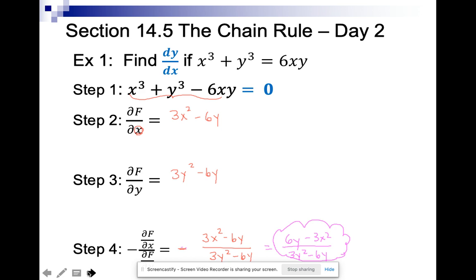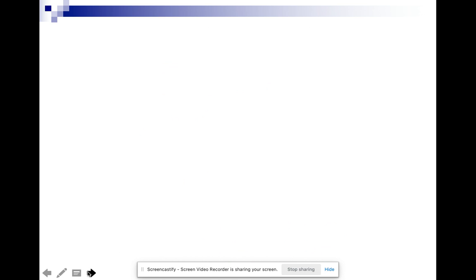Instead of having 2 variables, we're going to have 3. So let's pretend that I have the unit sphere. So I want you to think of the left side as all my variables mixed up together, and I want to take the derivative of both sides.